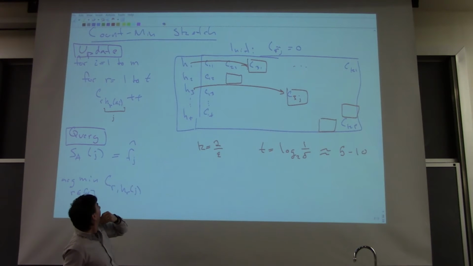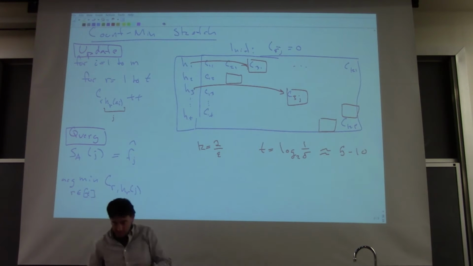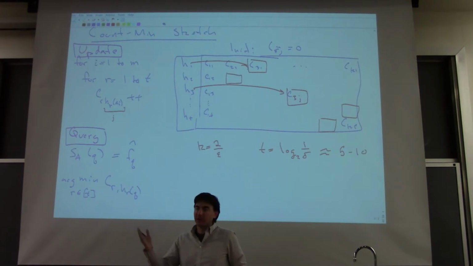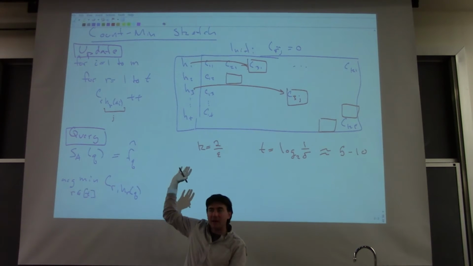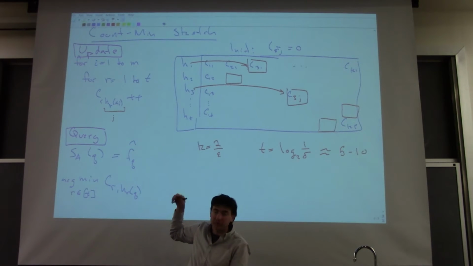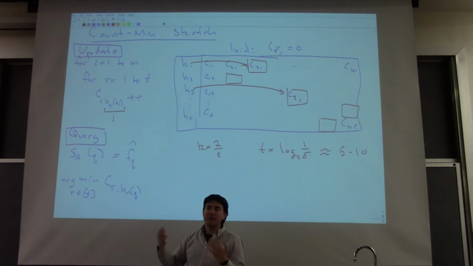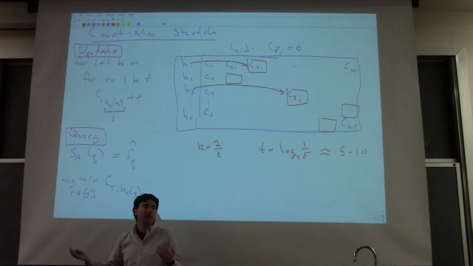Okay, so let's change the notation to query Q. So every time I saw query Q, it's going to go and increment this. Now I might get error, because there could be hash collisions, there probably will be, so some other things might hash at the same location and also increment it, but they're never going to decrease the value. They only increment.